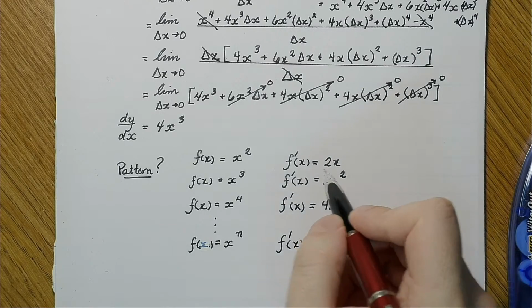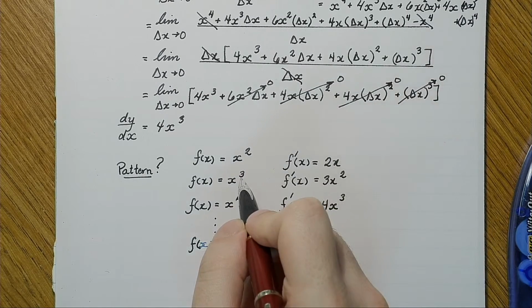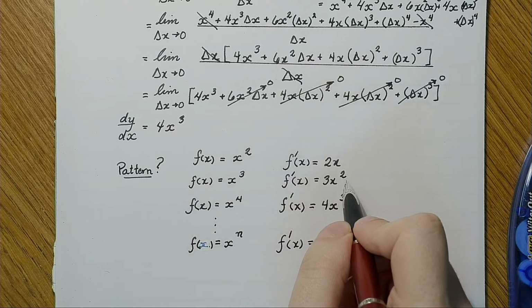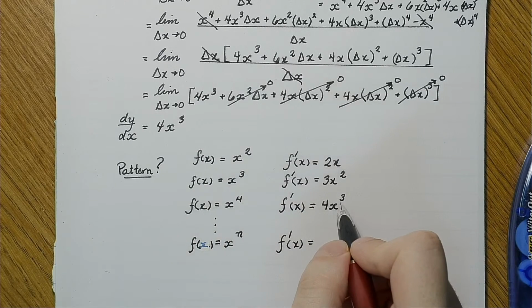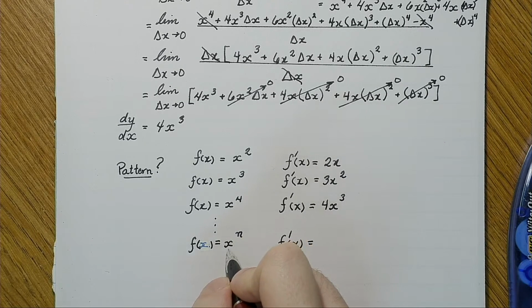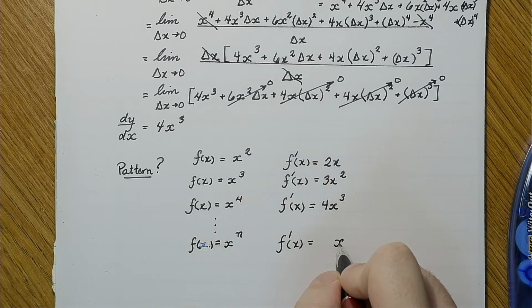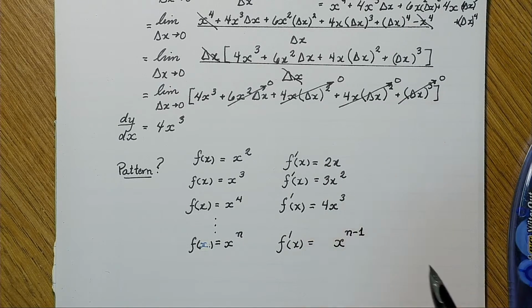We notice that for this one, we have 2, it drops down by 1 degree. We have 3 here, and it drops down by 1 degree, becomes 2. Again, 4 drops down 1 degree. So, same thing here. I have x to the n. Well, let's drop it down by 1 degree, so n minus 1.